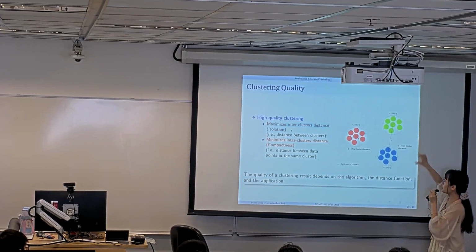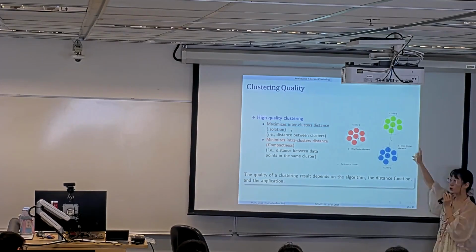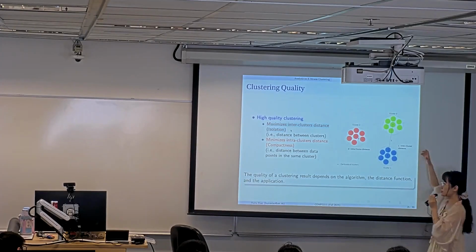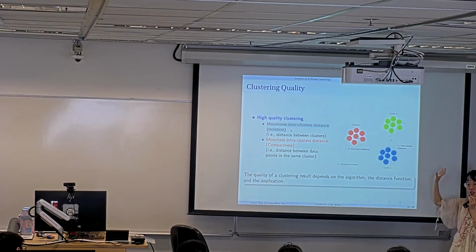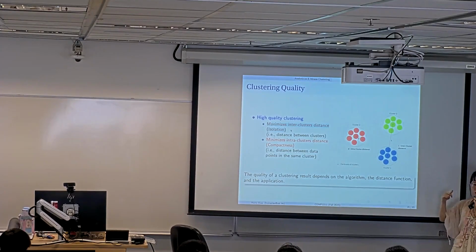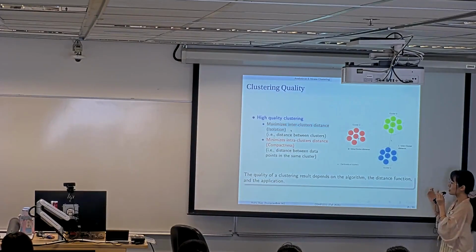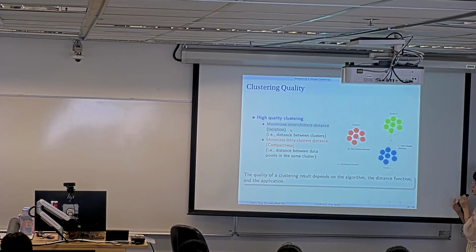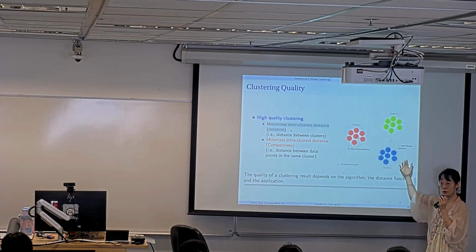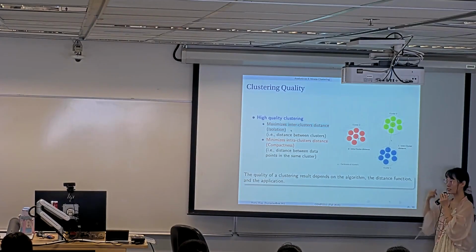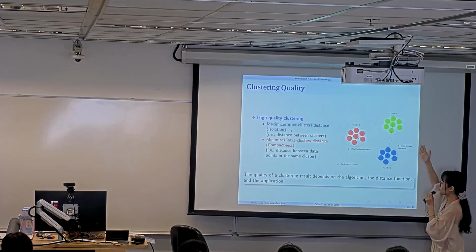We want to maximize this inter-cluster distance, meaning we want to make sure that the different clusters are far away from each other, right? This is called isolation. That means the clustering should naturally capture that dissimilar data points should be assigned to different clusters.